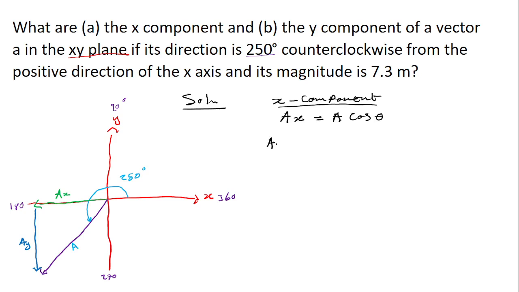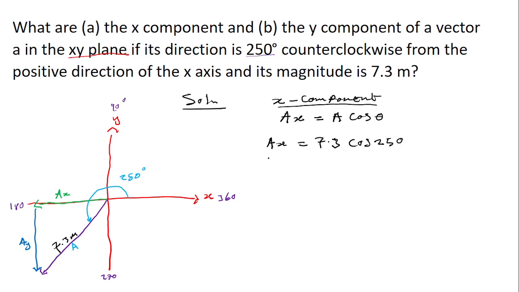So ax is simply equal to, so if you plug in what we have been given, remember we have been given 7.3 meters. So we're going to say 7.3 cos what? Cos theta, of which the theta here is just 250 degrees.